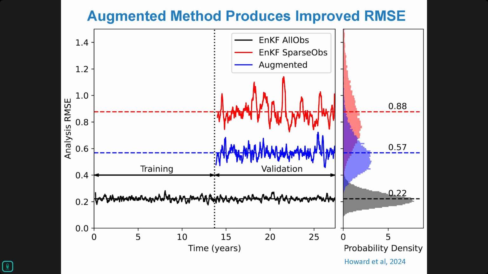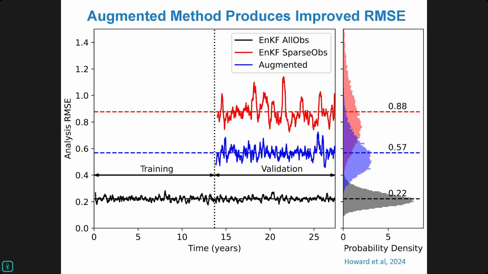This is the assimilation of all observations with the ensemble Kalman filter, which is computationally expensive. This is the hybrid or the augmented method where the high resolution observations are assimilated with the machine learning and the low resolution is ensemble Kalman filter. And here we are only using the ensemble Kalman filter with the low resolution data.